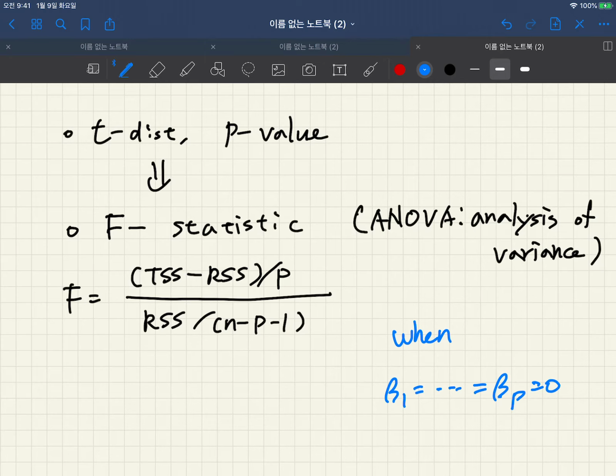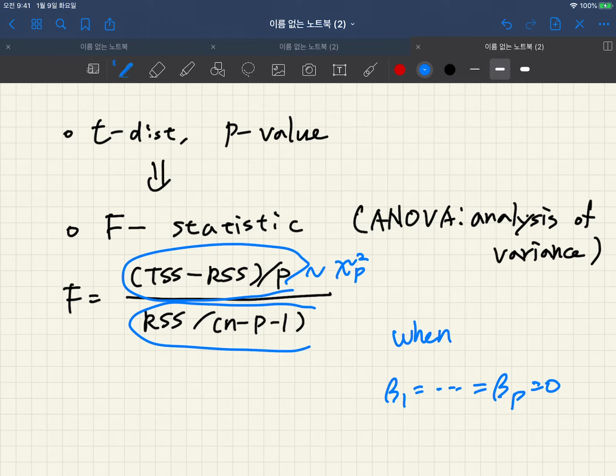Then this essentially follows a chi-square distribution with degrees of freedom p, and this value follows a chi-square distribution with degrees of freedom n minus p minus 1, essentially with scales over p and over n minus p minus 1. The expectation of this is equal to 1 and the expectation of this is equal to 1.